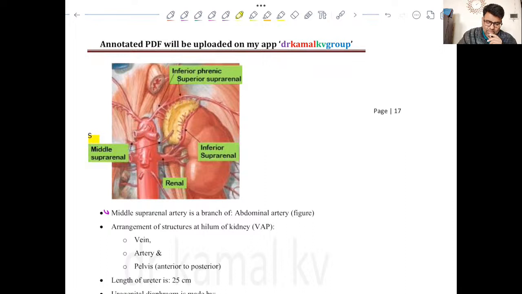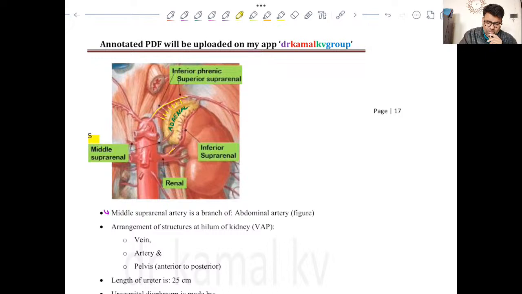So this is the adrenal gland here. Okay, this one is the adrenal gland, also suprarenal because it is above kidney. So these are all superior suprarenal arteries which are coming from the inferior phrenic artery.